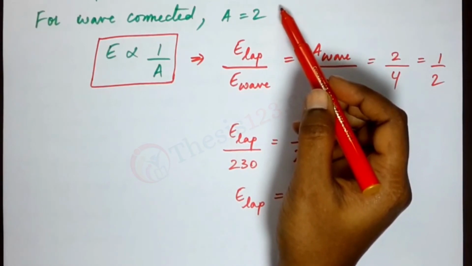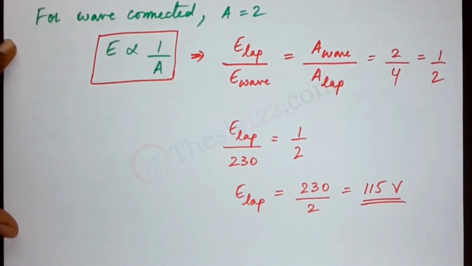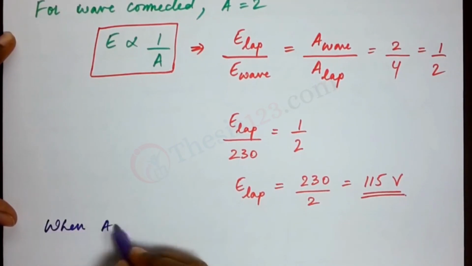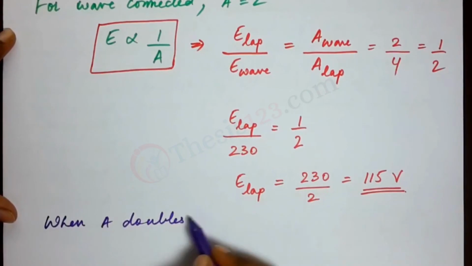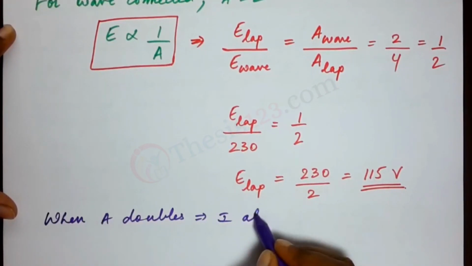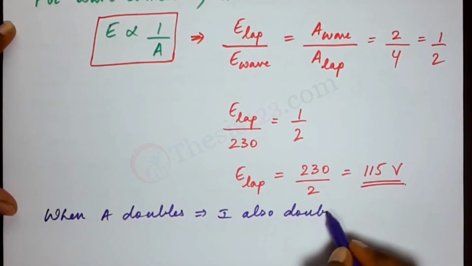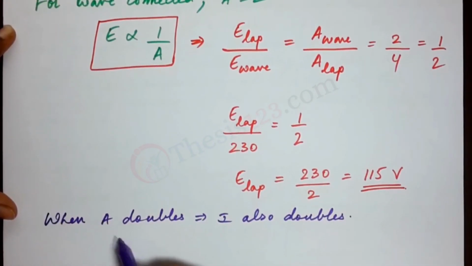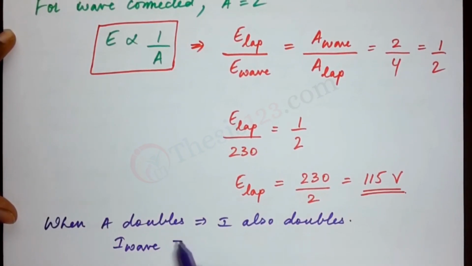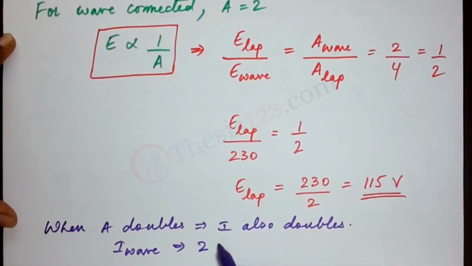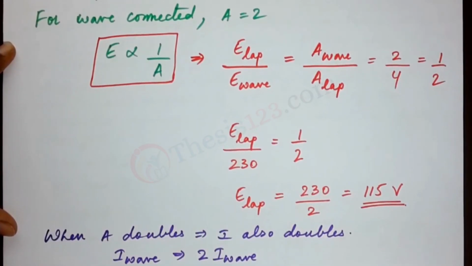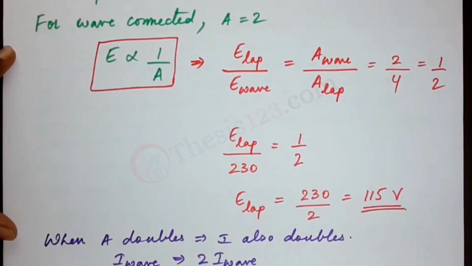Okay? That's an important point. When A doubles, current also doubles. So this means that I lap now becomes 2 times I wave. Okay?